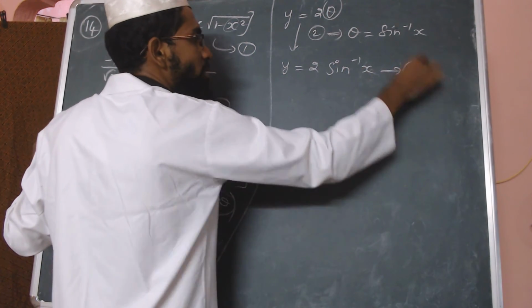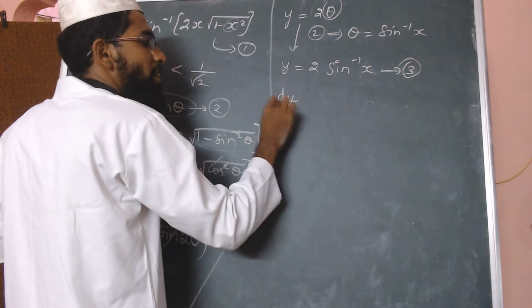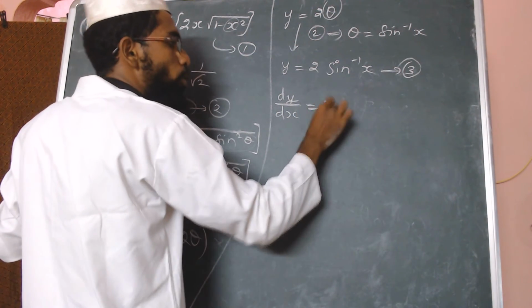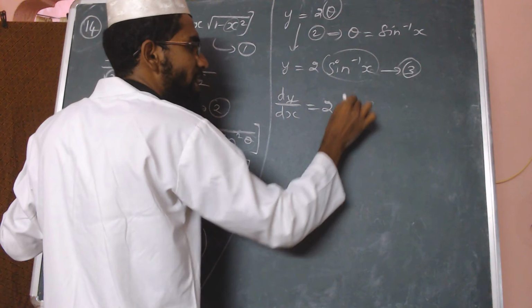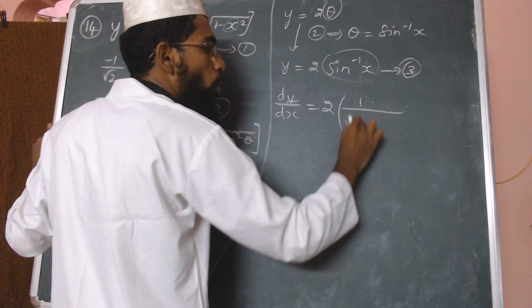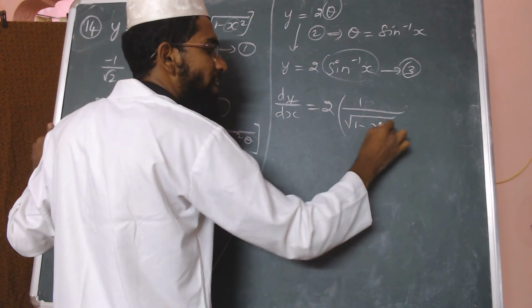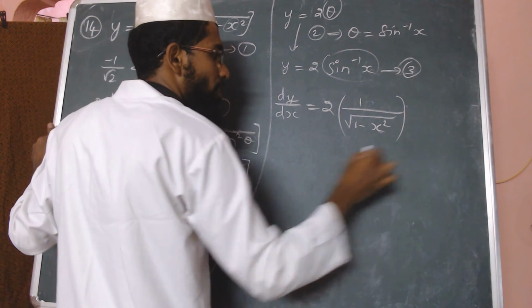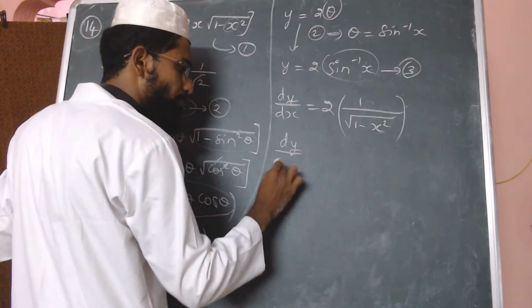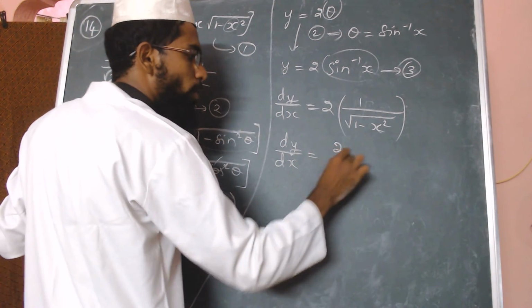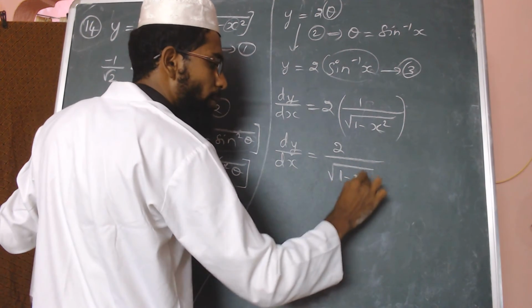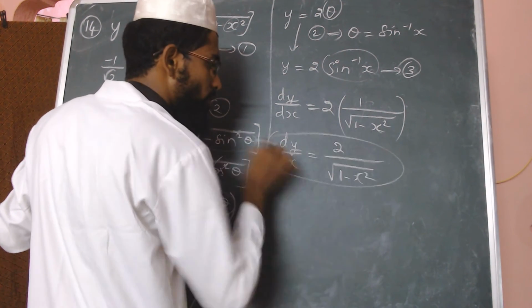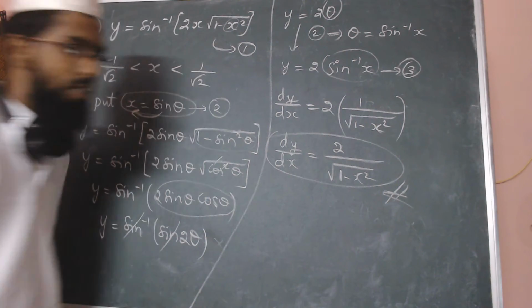Let me take this to be equation 3. If I differentiate this, what I'll be getting? dy by dx equal to 2 is constant but is in product with a variable. Derivative of sine inverse of x is nothing but 1 by root of 1 minus x square. So dy by dx equal to 2 by root of 1 minus x square. So this is my dy by dx.